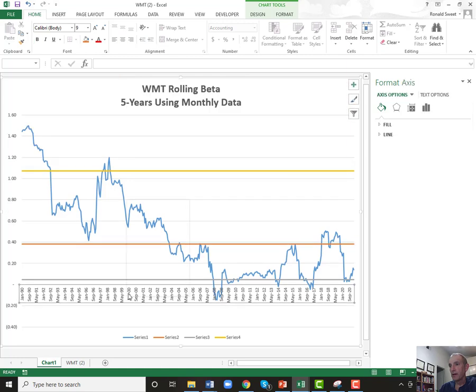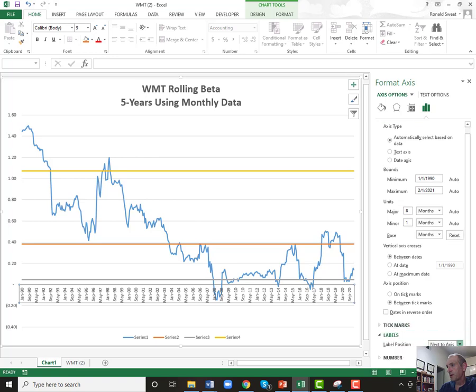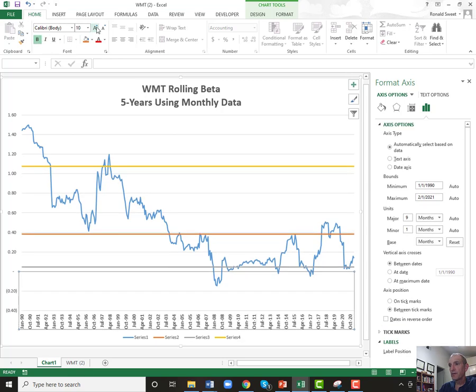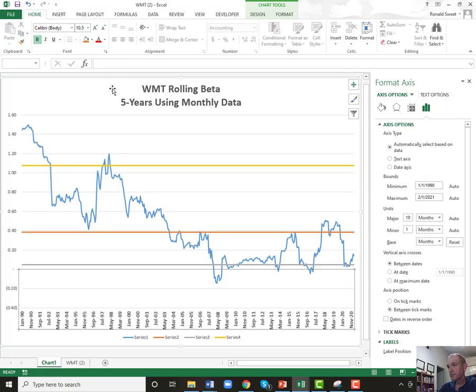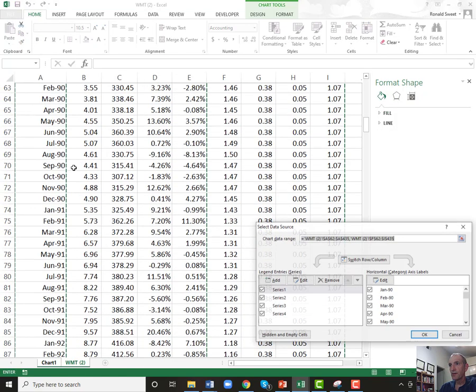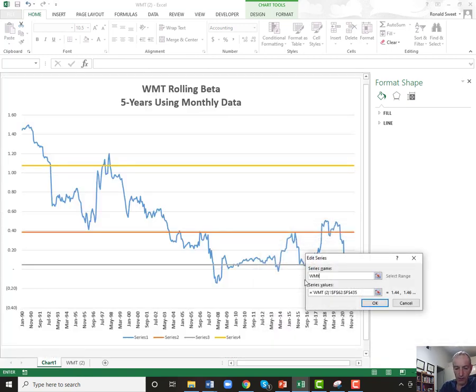I'm going to move my axis labels. I'm going to say I want it low. And I'm going to fold that and just expand it a little bit. And then I'm going to go in and name things. So the very first one is Walmart rolling beta.